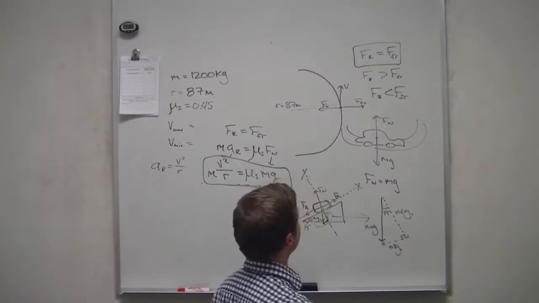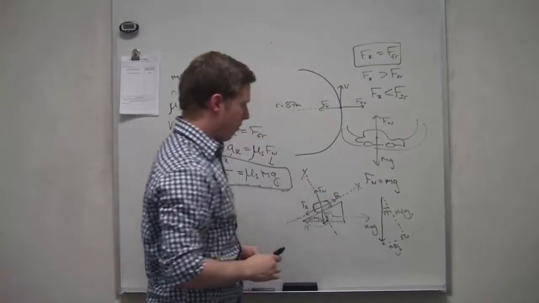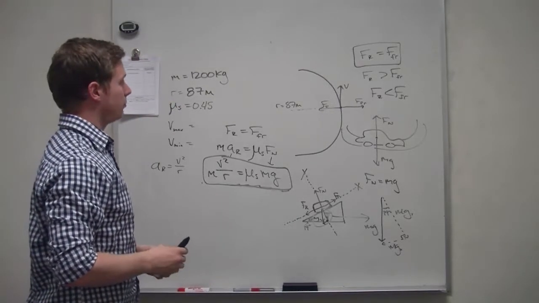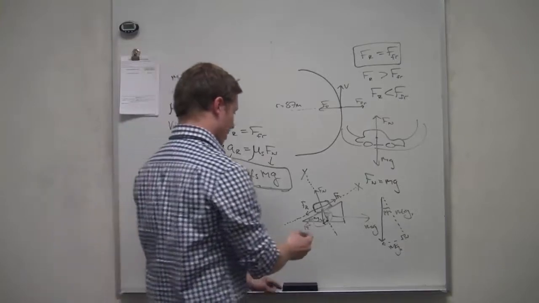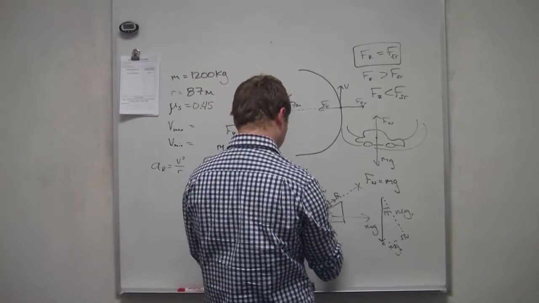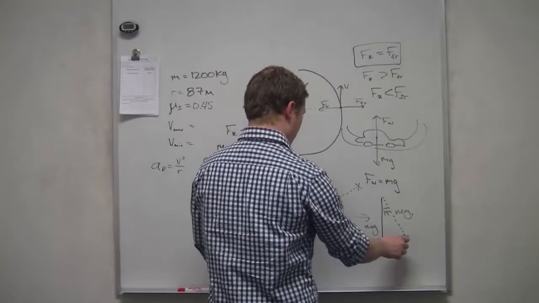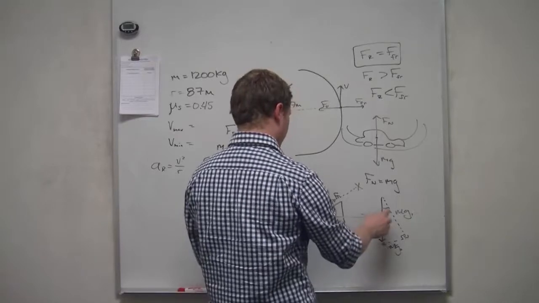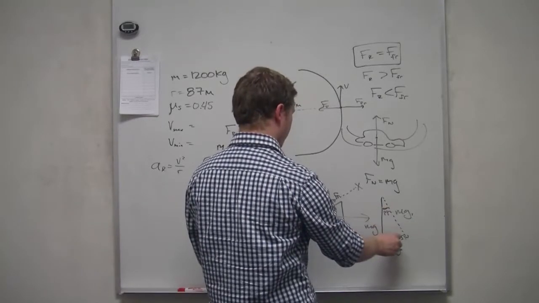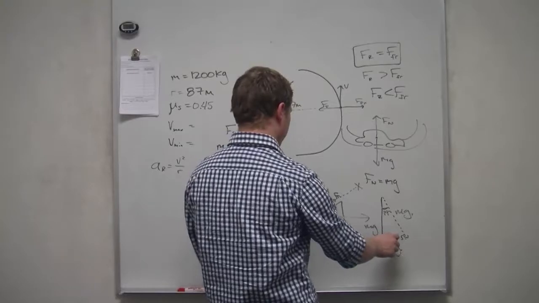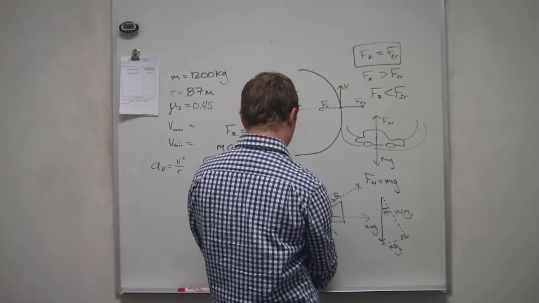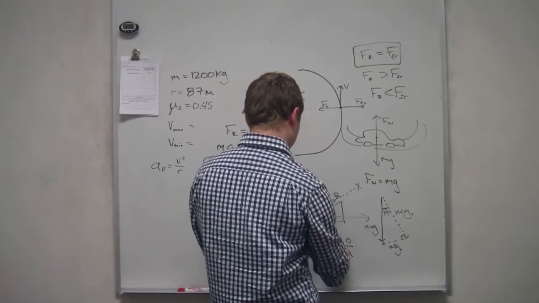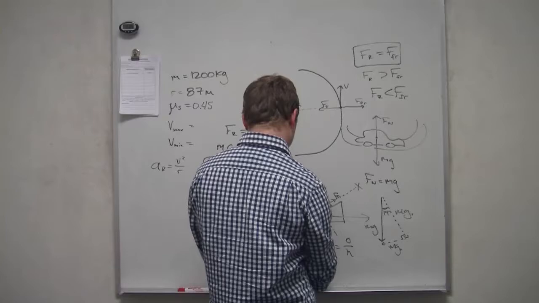You do cosine, so cosine 19 times mg. Then for this side, we're going to do the opposite side, so we're going to be using sine, because sine is the opposite side over the hypotenuse. So in this case, we're going to have sine of 19.